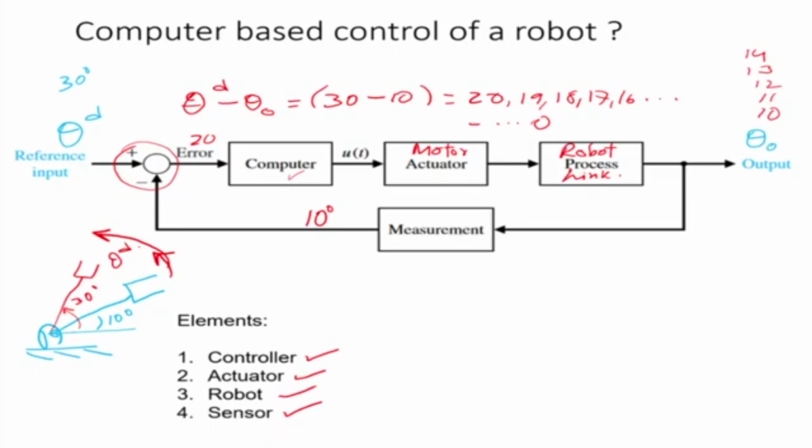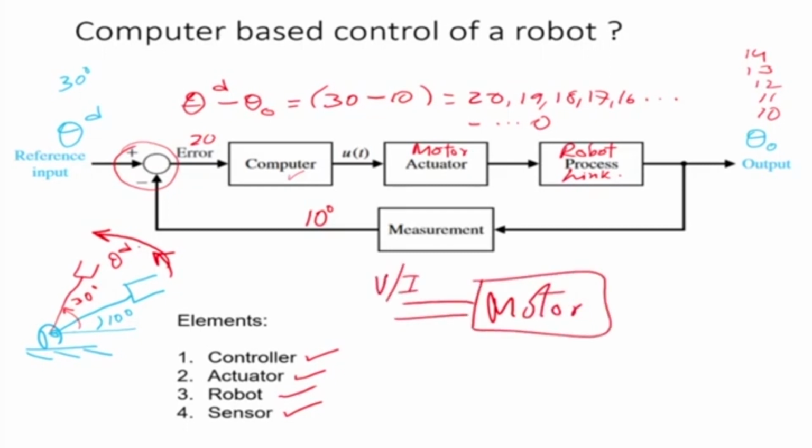Now when this is moving, energy is being converted from one form to another. So in the electrical motor, what is the input? Input is voltage and current. What is the output? It is mechanical motion. So in the motor we see that the computer is giving output, that output is being amplified.